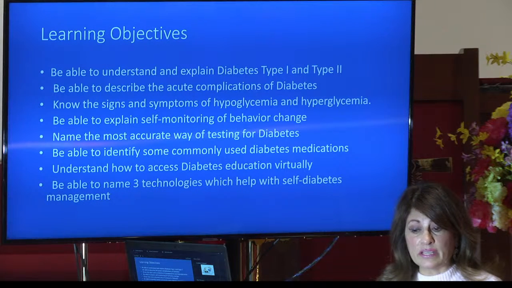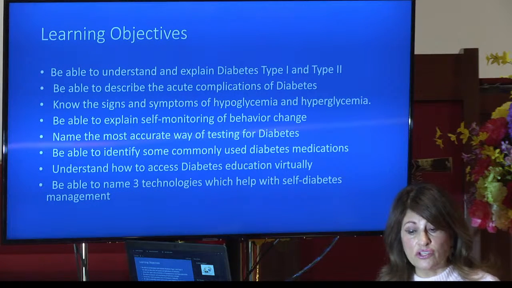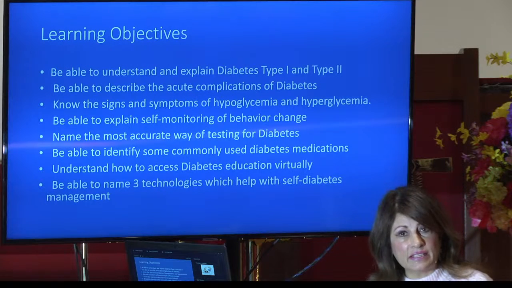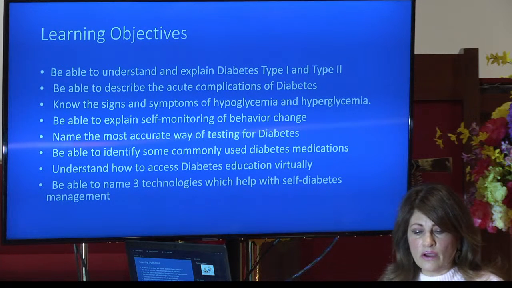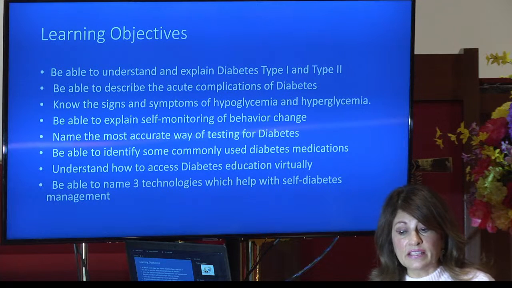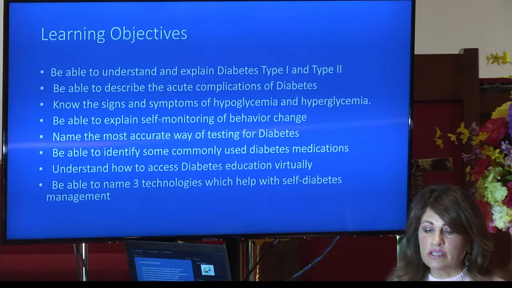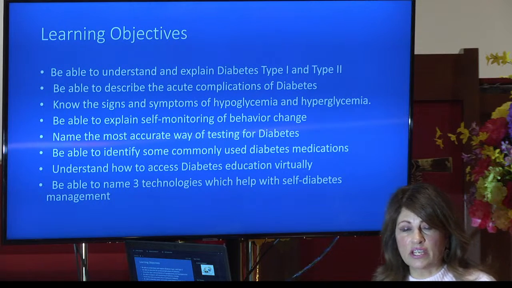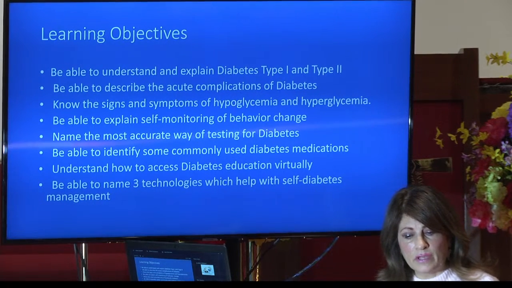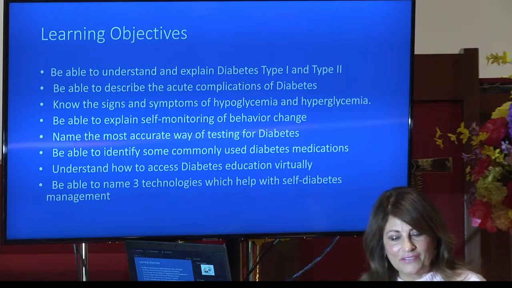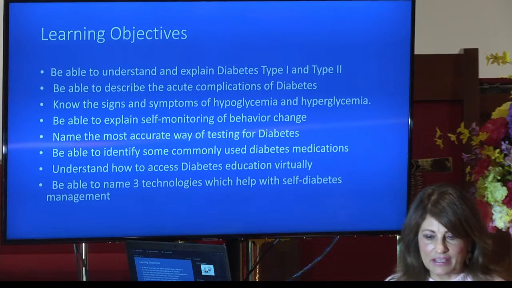I want you to be able to explain self-monitoring of behavior changes and name the most accurate way of testing for diabetes. We're going to look at how to identify some commonly used diabetes medications and how to understand and access diabetes education virtually. We want you to be able to name 3 technologies which help with self-diabetes management at the end of this PowerPoint.